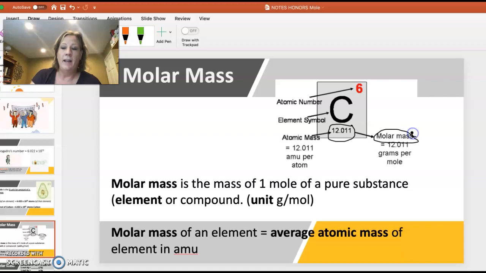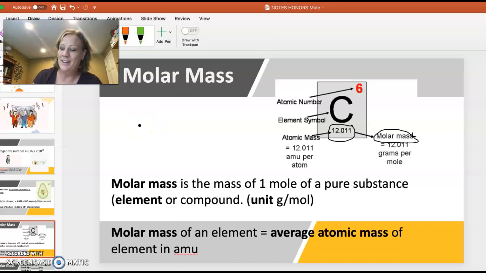So now if I said, hey, you can't get your passing grade in chemistry unless you get me a mole of aluminum, you would go and find aluminum on the periodic table. If you guys have your periodic table out, you could look. I shouldn't have done aluminum because I don't have a visual, but I do actually know the molar masses of a lot of elements by heart.